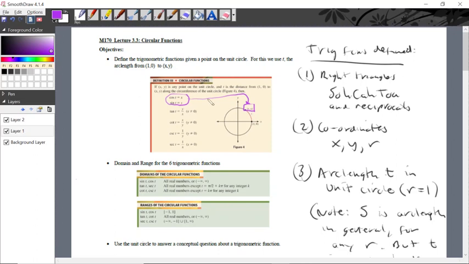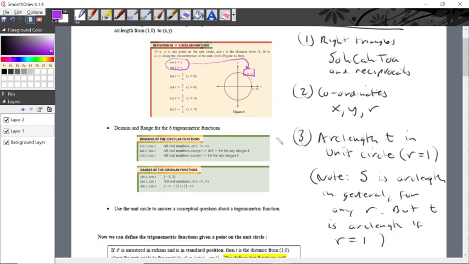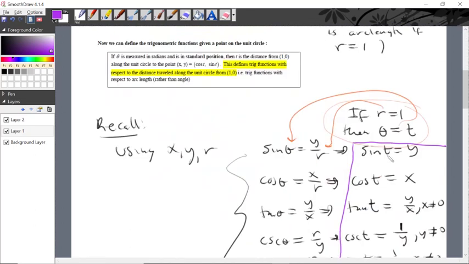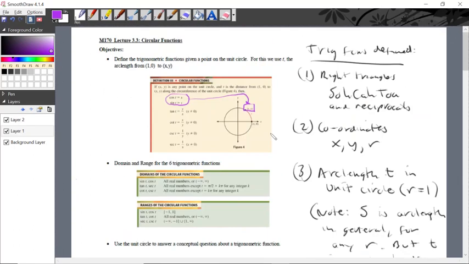This is consistent with the definitions we already had for the trigonometric functions. Just when we're using t, we are saying that r must equal 1, and x and y, as they were previously, are the coordinates of the terminal point. We just don't need to solve for r now if we are using t, because we already know r must be 1.